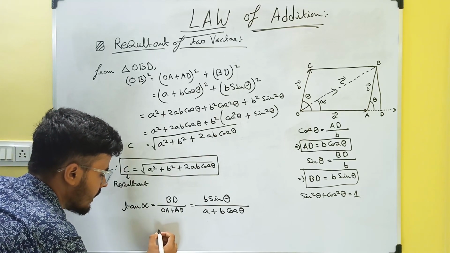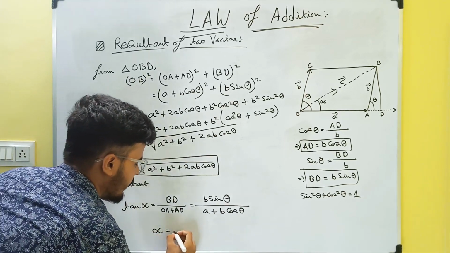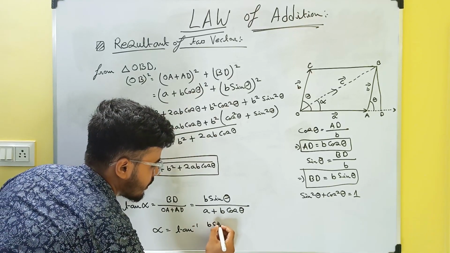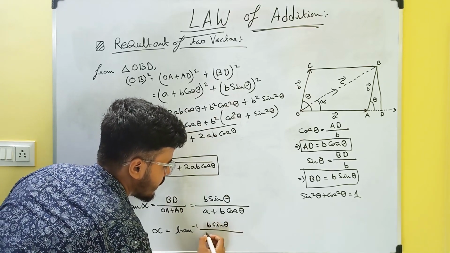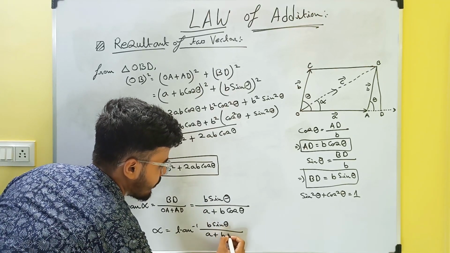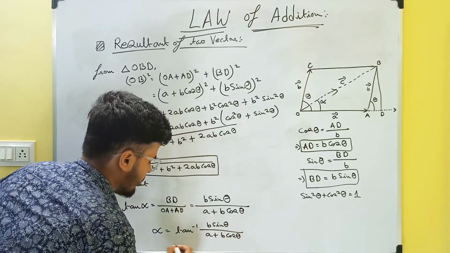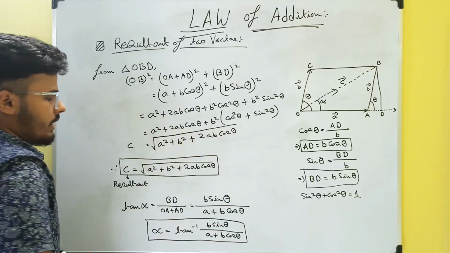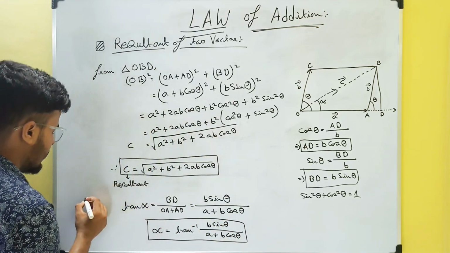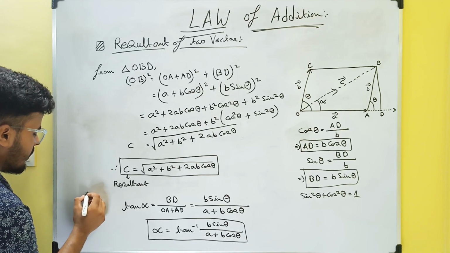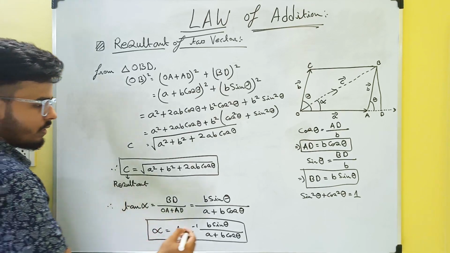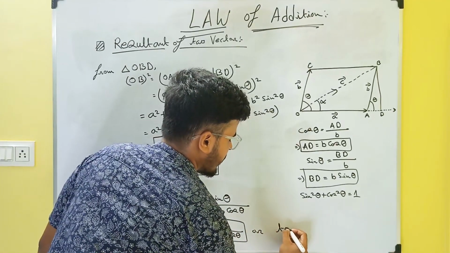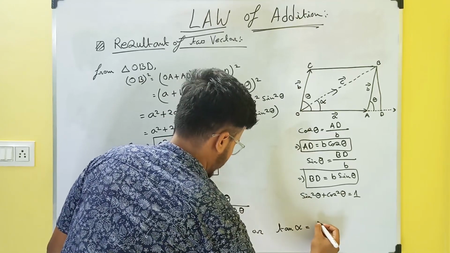So basically alpha equals tan inverse of B sin theta by A plus B cos theta.